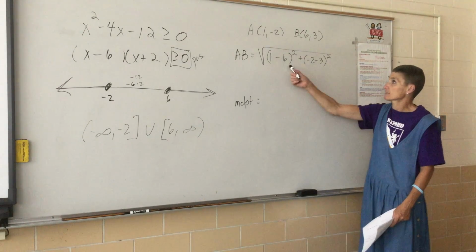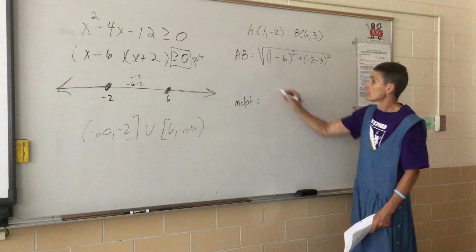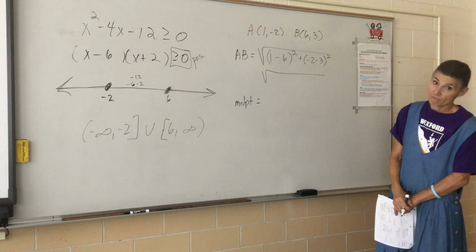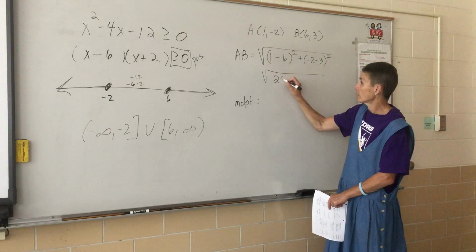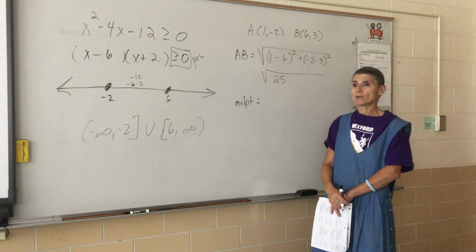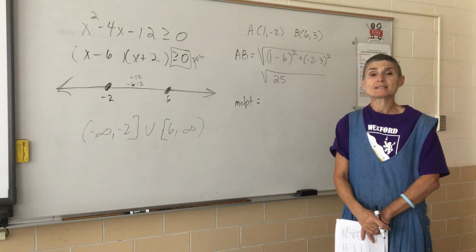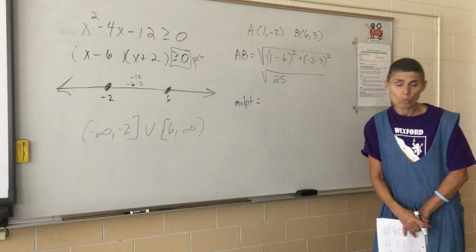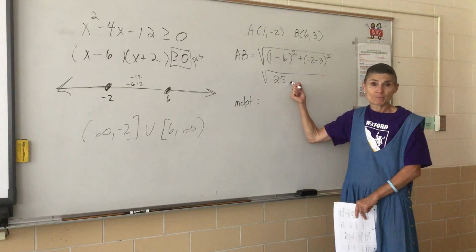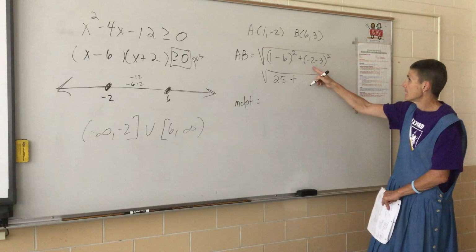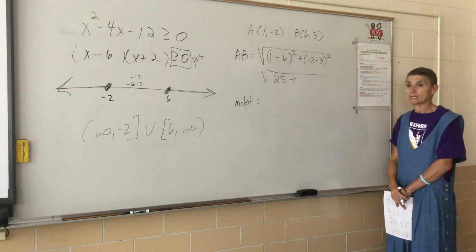X minus x, y minus y. So that gives me 1 minus 6 is 5, squared is 25. Now somebody out there is thinking, wait a minute, Miss Ford, 1 minus 6 is -5, and you are right. But what happens when I square -5? I still get 25. Plus, -2 minus 3.